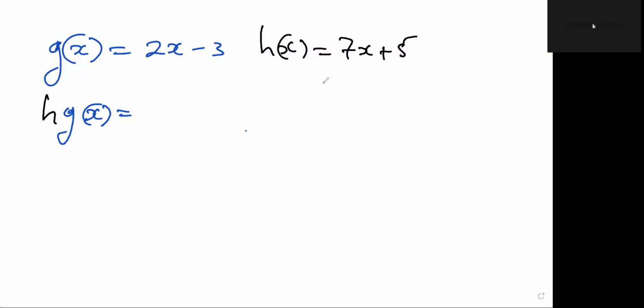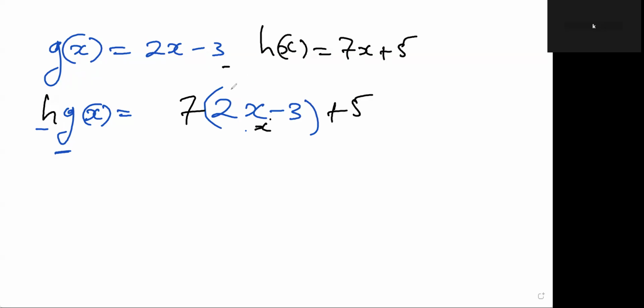Alright, so we have g not in the bracket, so we have 2x minus 3, and then h says 7x plus 5. So we write back 7 without the x, and we plus the 5 because this is x already. All of these are x. So really 7x plus 5 is right, you know.